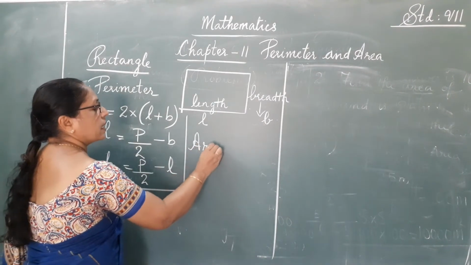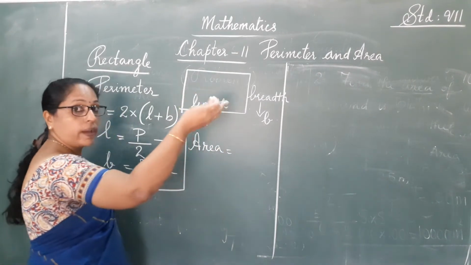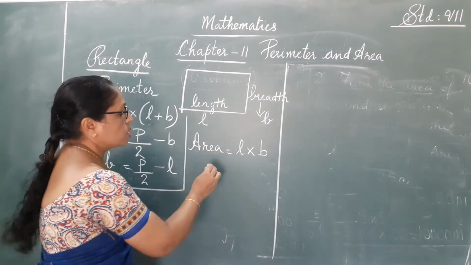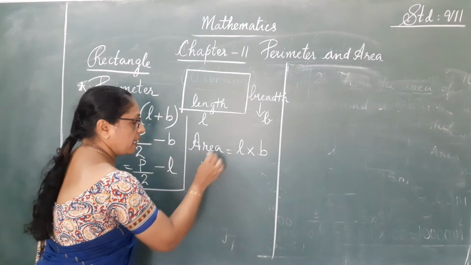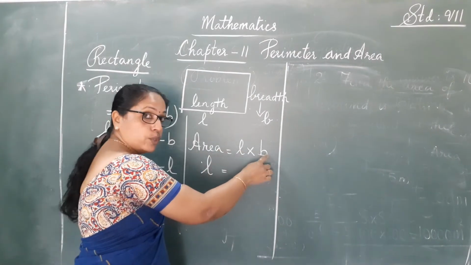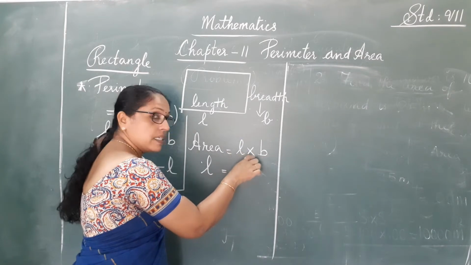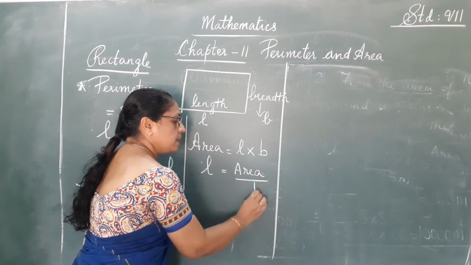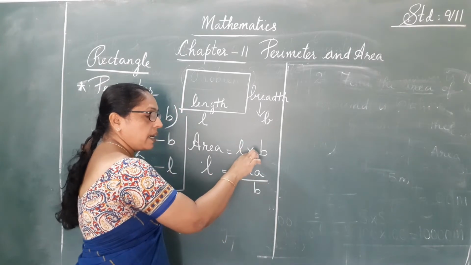Now area. Area of a rectangle is simple. Like a square it is side into side, here it is length into breadth. So from area, how do you find length? Area is L into B. To find length, you have to see the operation connected with length.